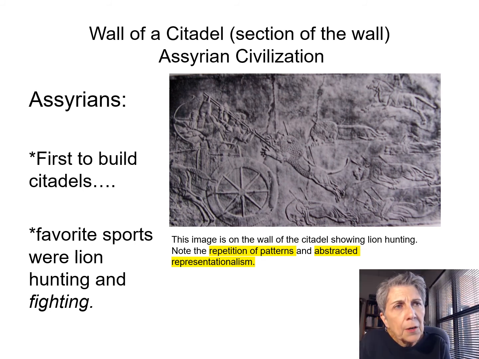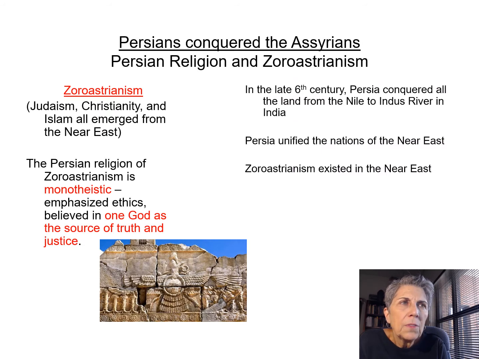The Assyrians are conquered by the Persians. And something very interesting about the Persians that I think you would find fascinating. The Persians conquer the Assyrians, but the Persian religion is called Zoroastrianism. Persians unified the nations of the Near East, and Zoroastrianism existed. That's very interesting because Zoroastrianism is monotheism.